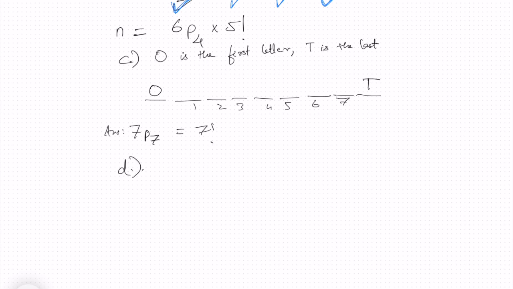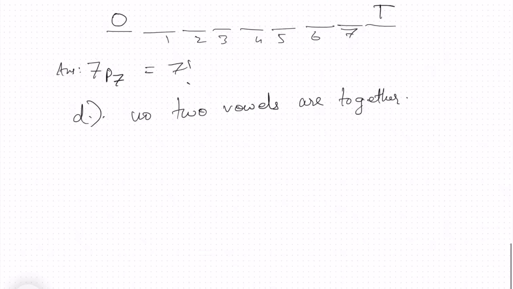And the last case is if no 2 vowels are together. If no 2 vowels are to be together, then you can imagine that after every vowel there's a consonant, right?